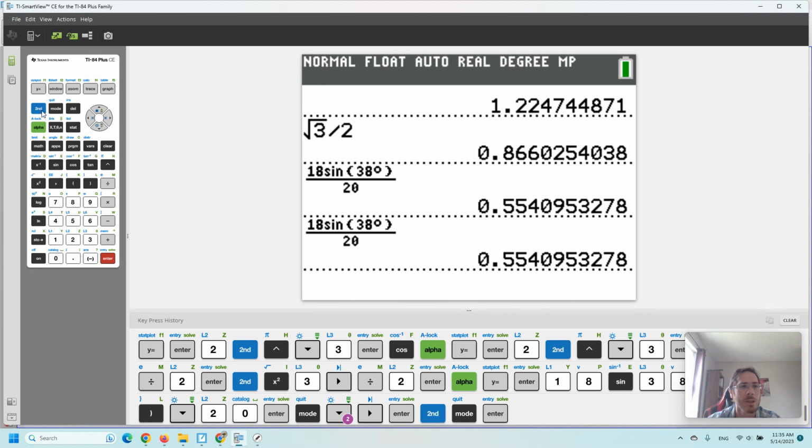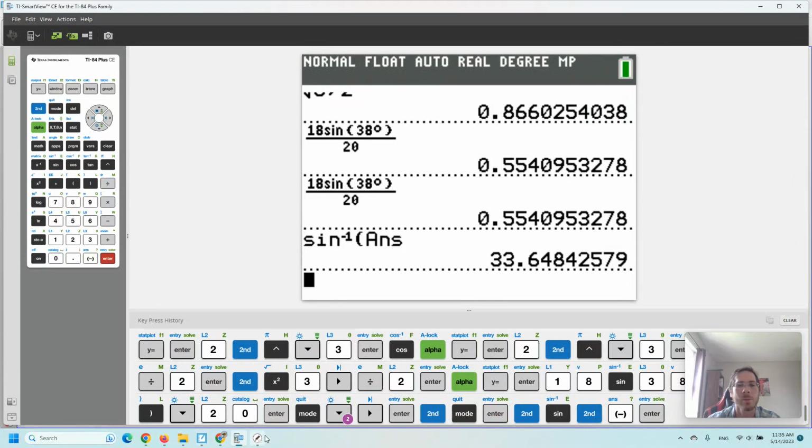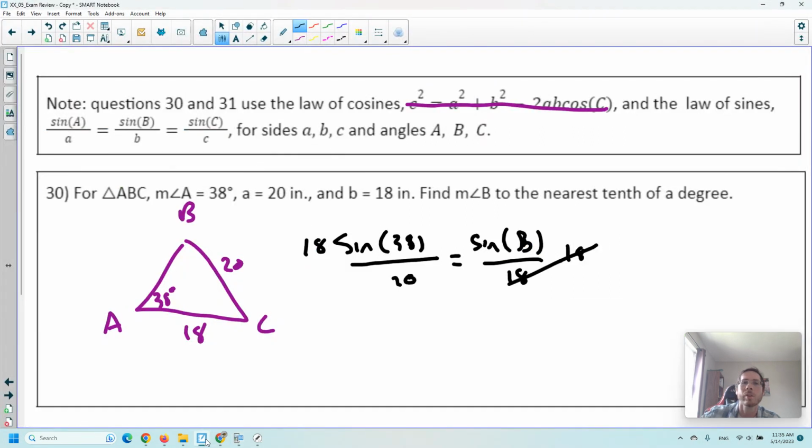Because what we have to do here is the inverse sine. And so we get 33.64. So why is that the answer? Well, once we've gotten to 18 sine 38 over 20 equals sine of B, to undo this sine, we have to do sine inverse.